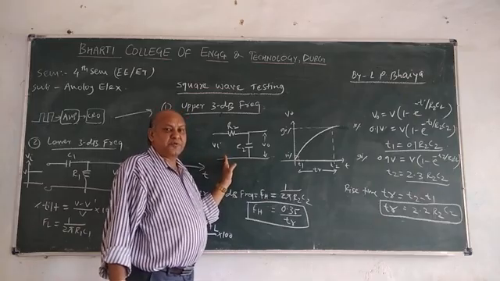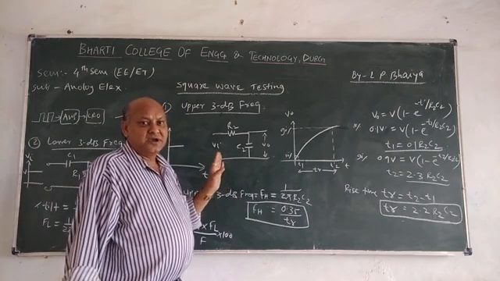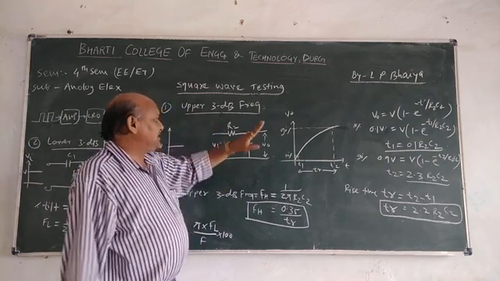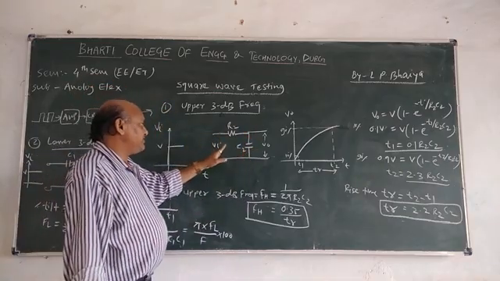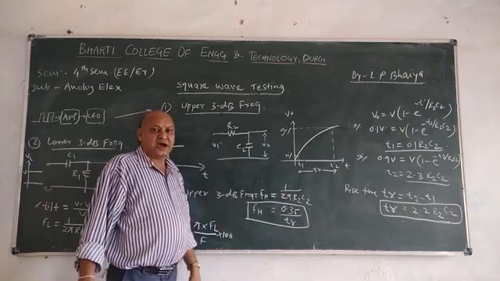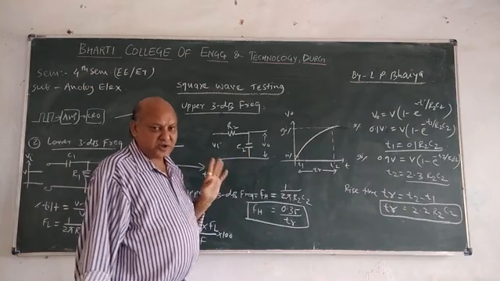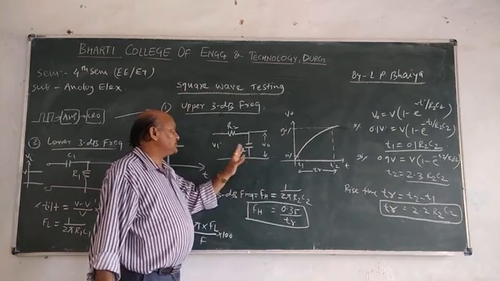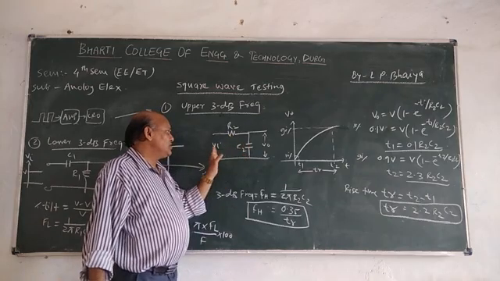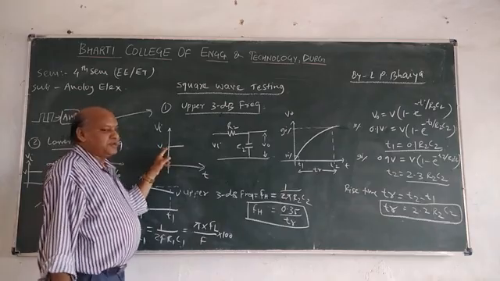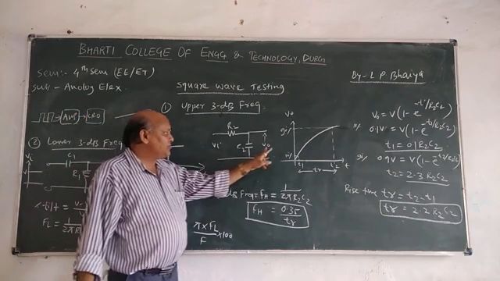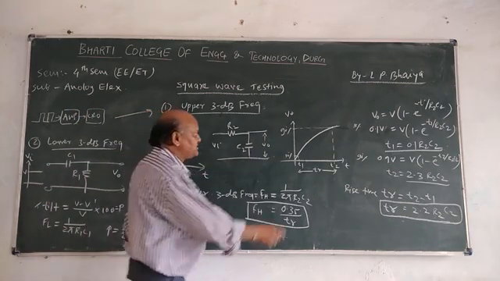Let us assume that the amplifier works like a high frequency response circuit. This is R2 C2, where Vi is the input, the amplitude of the input is V and the output will be V0. And the response is something like this.